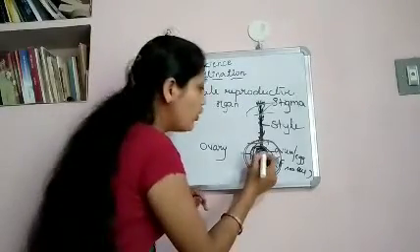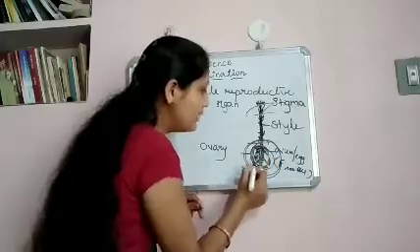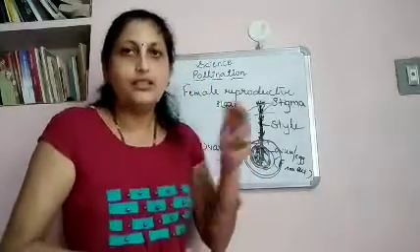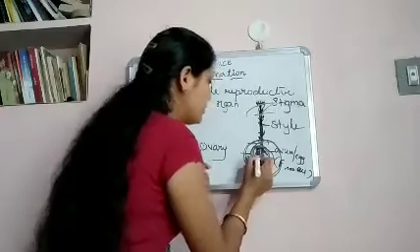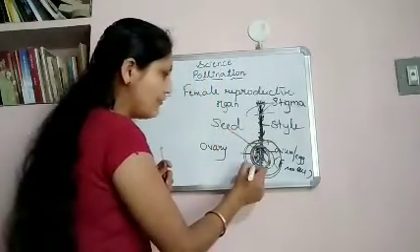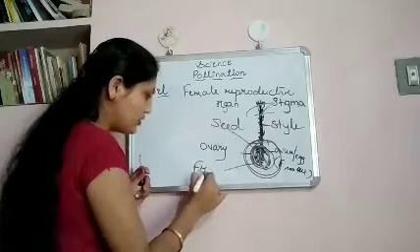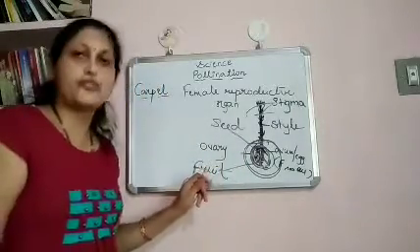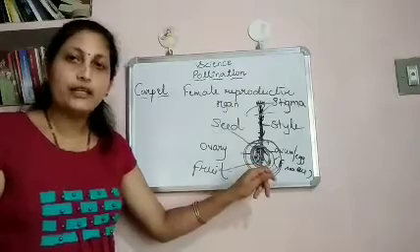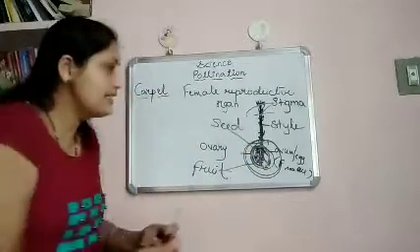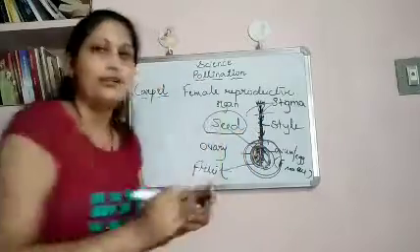And this ovule, here inside the ovule, fusion of male and female gamete has taken place, isn't it? So this develops into seed. This ovary develops into fruit, and inside the ovary, where male and female gamete have fused, that develops into seed.